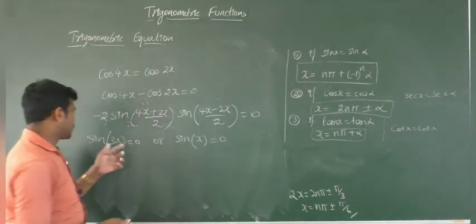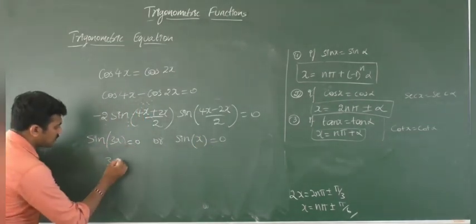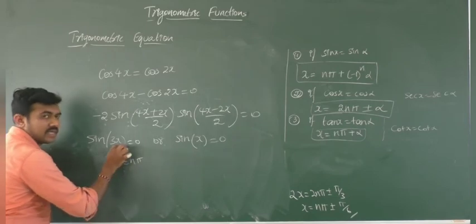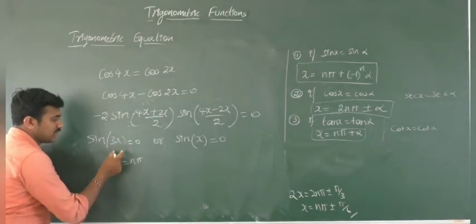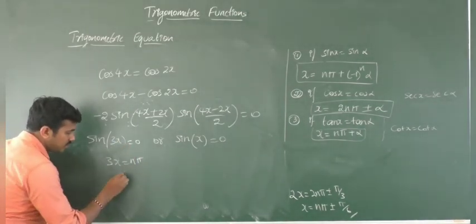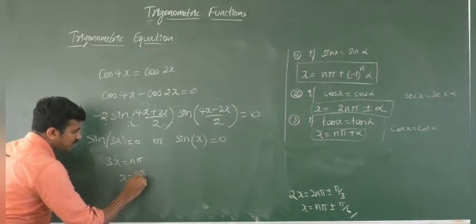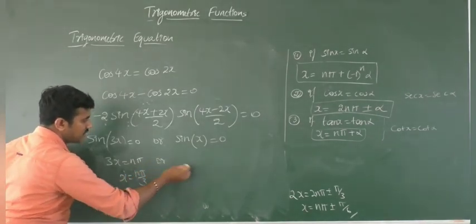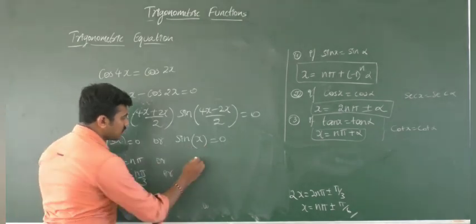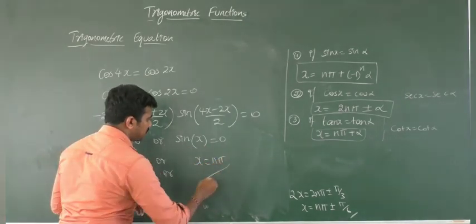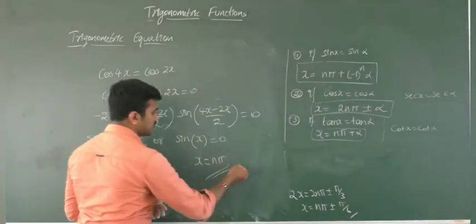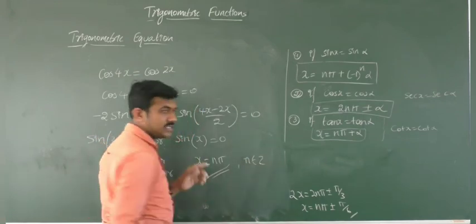So what is the solution? Here 3x is equal to n pi, because sin takes the value 0 only when 3x is n pi, so x is equal to n pi by 3. Very simple, like this we can find the general solution. And for the other, x is equal to n pi, where n is an integer, compulsory.